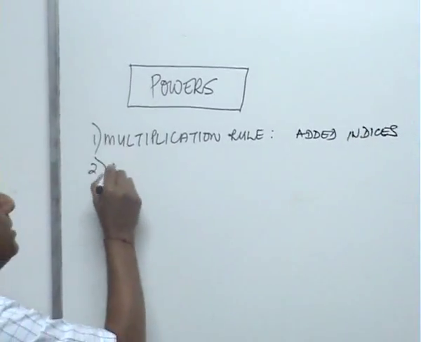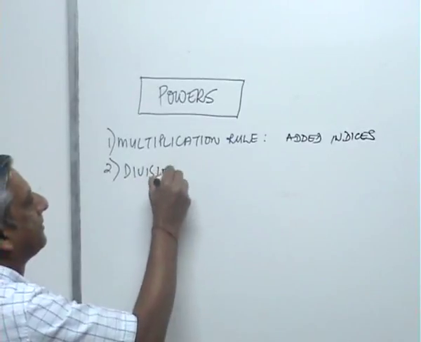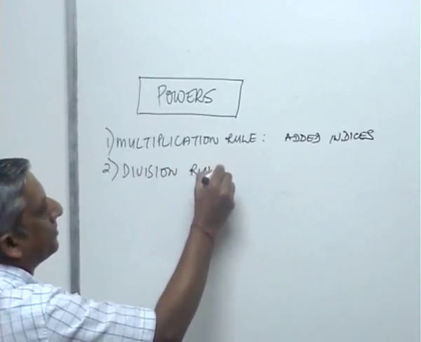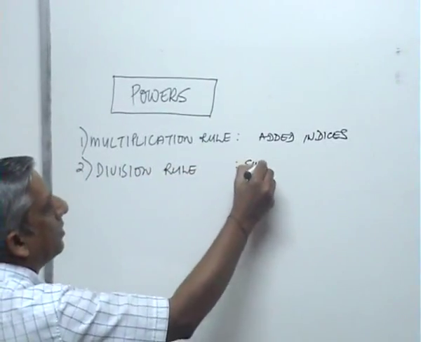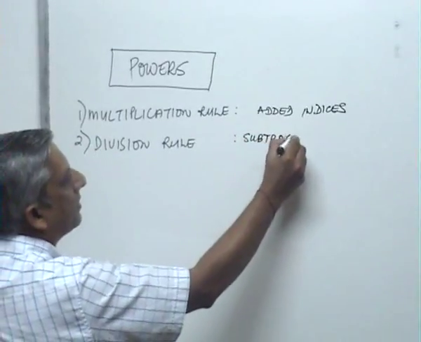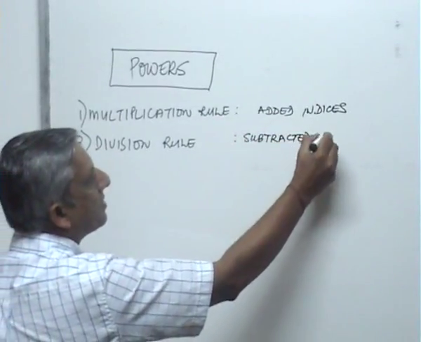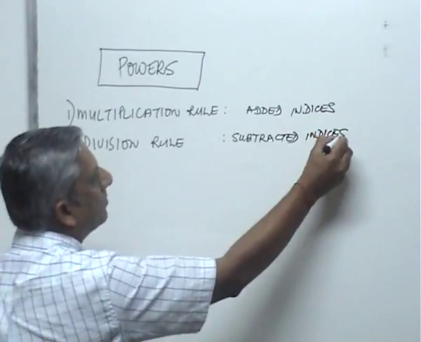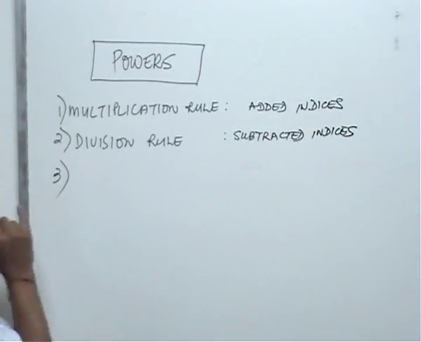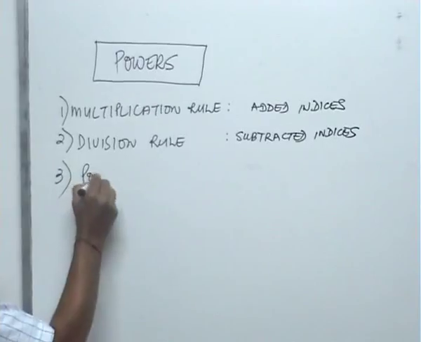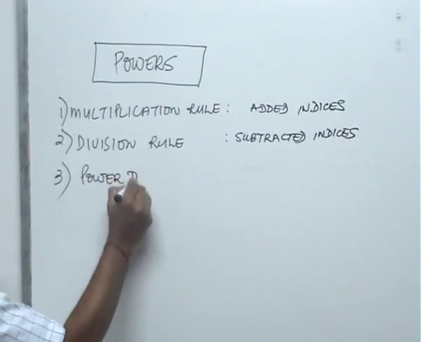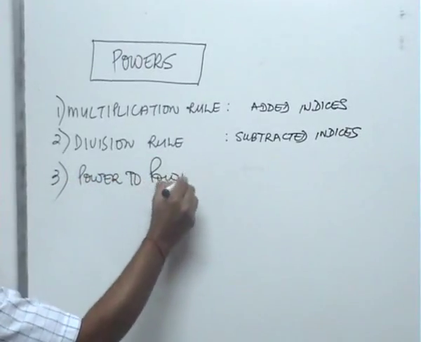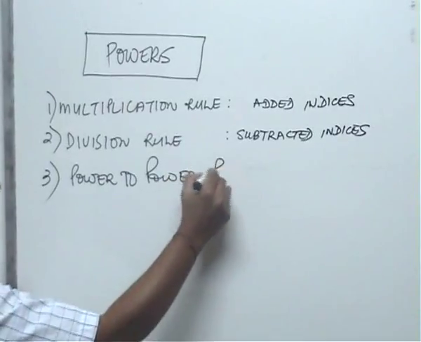Then we did the division rule, where you subtracted the indices. Now we come to rule number 3, which is called power to power rule.